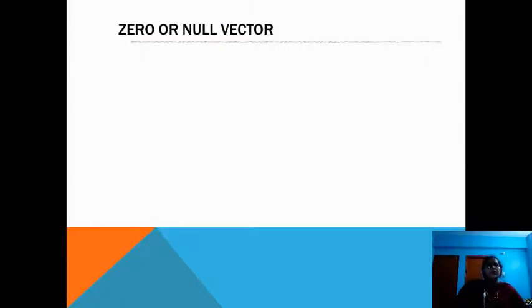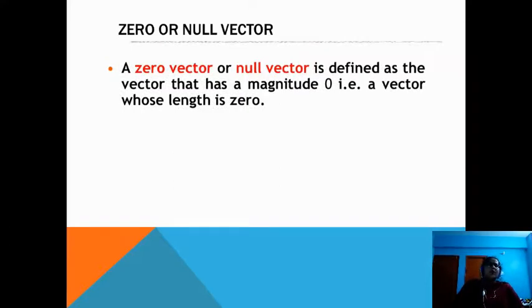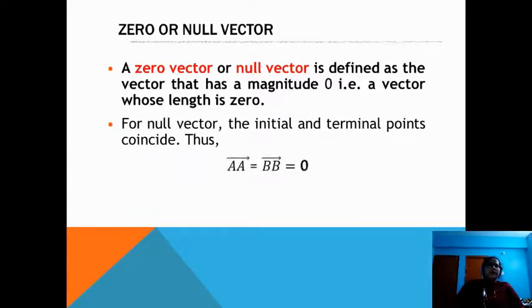Next we talk about the zero or null vector, and from the name itself again I think we can guess what it is. This is a vector with magnitude 0 or length 0. How is that possible? How can a vector have length 0? This actually means that the initial and the end point of the vector are the same. So we can see that vector AA or vector BB are null vectors or zero vectors, as their initial and terminal points coincide.